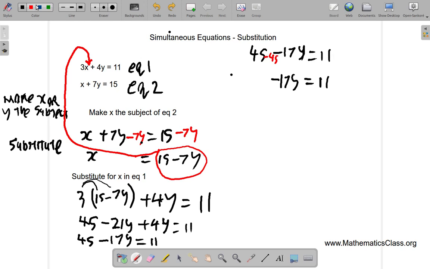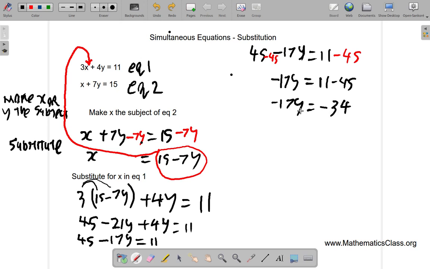You will have to remove it from the right as well. So you have 11 minus 45. So negative 17y equals 11 minus 45, which is negative 34. Good.